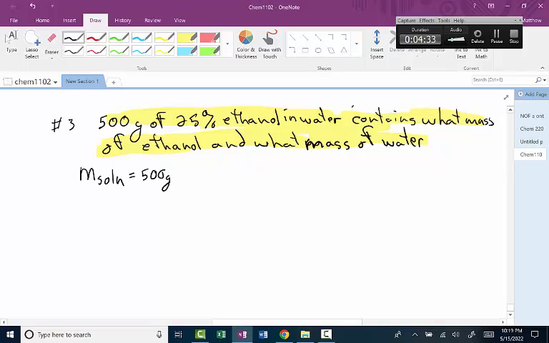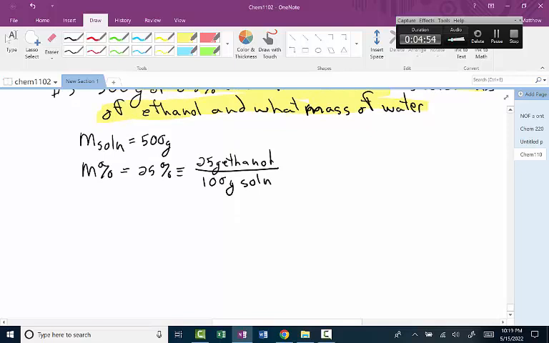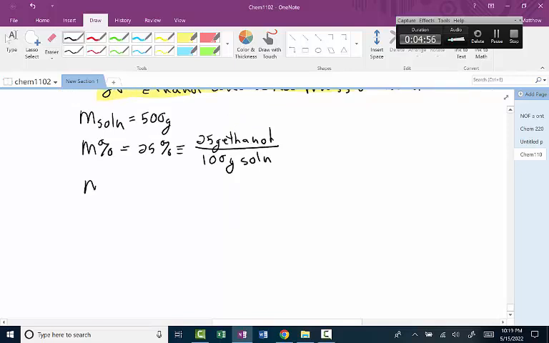The mass percent is equal to 25%, and that means 25 grams of ethanol divided by 100 grams of solution. And they ask for the mass of ethanol and water. Mass of ethanol equals what? And mass of water.